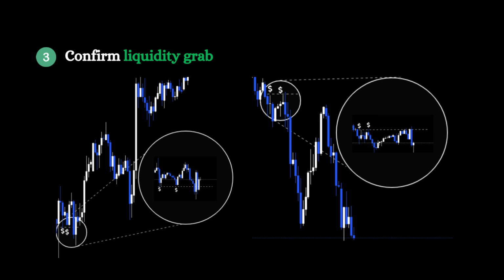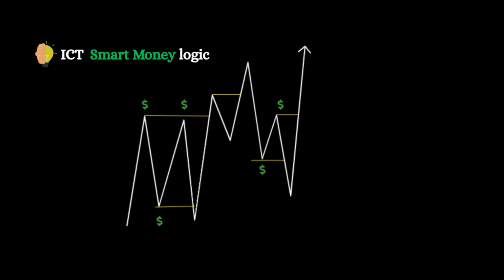Now that we've discussed liquidity, let's take a step back and look at the simplified logic behind ICT smart money concepts. This will help you understand why liquidity can be a helpful addition, but not always a necessary part of trading order blocks. According to ICT smart money logic, the market generally follows 3 steps. 1. It grabs liquidity above highs or below lows. 2.